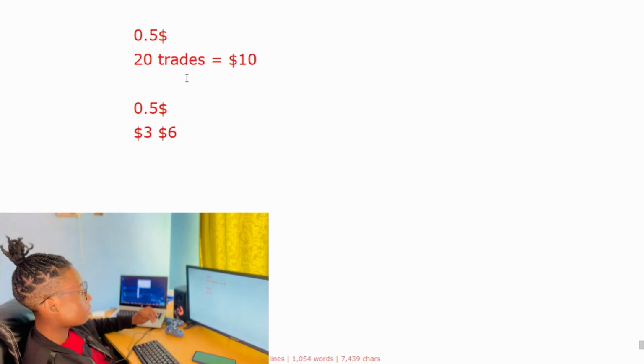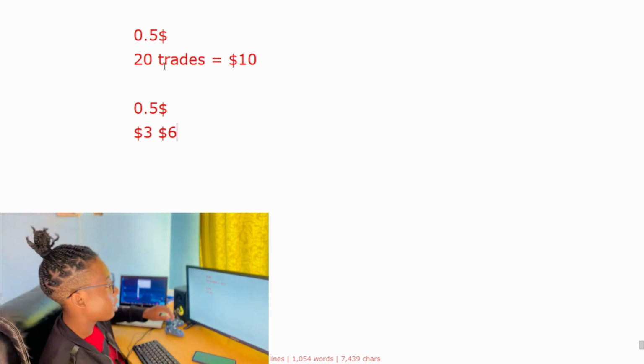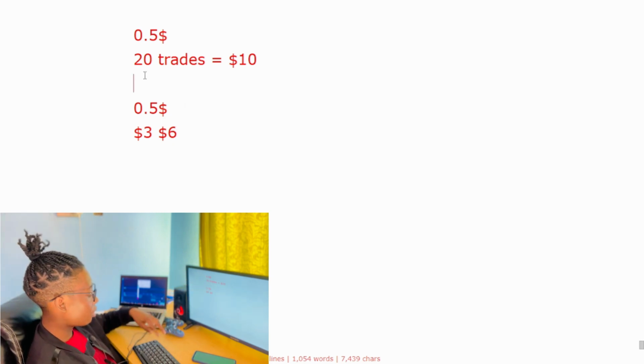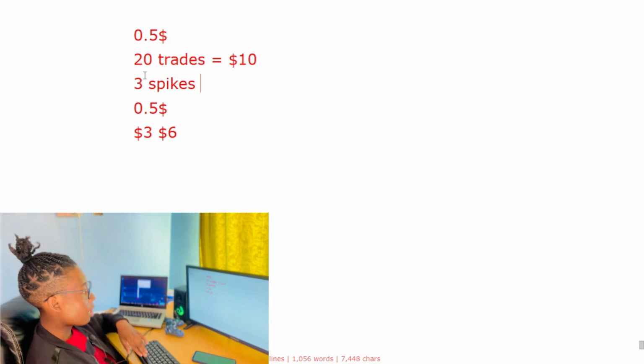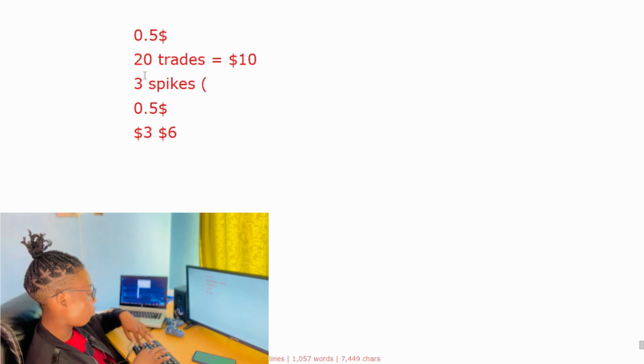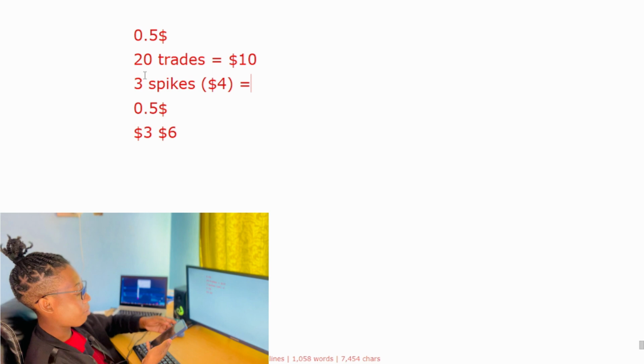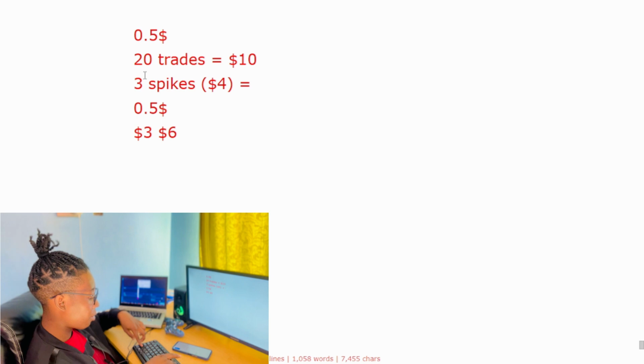So this means that, for example, if you spend an entire day making 20 trades and let us say you have 3 spikes, and each spike gives you a loss of $4, I'm simply going to multiply 3 times 4, and it's going to give us -12.